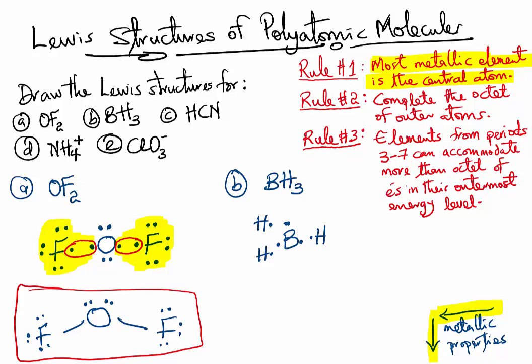So, how can hydrogen be stable? If it shares 2 electrons with boron, each hydrogen will become like helium, so they will be stable. Let us redraw this structure.